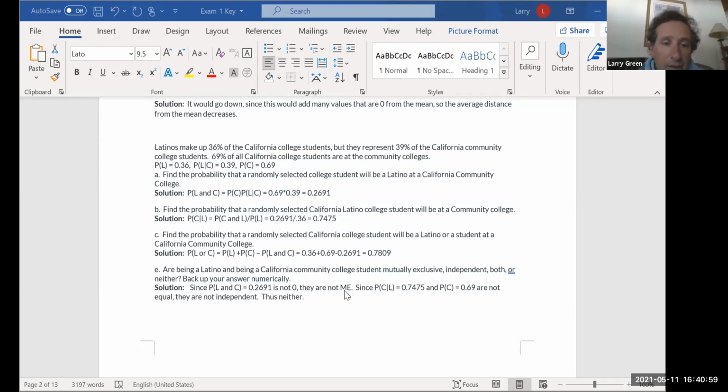For independent, you get to choose, and we're given either C given L because we just did that one. That was 0.7475, but the probability of C is 0.69, and those would have to be equal for them to be independent. So they're not independent, therefore they're neither.